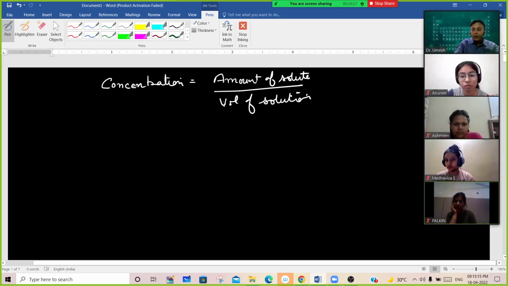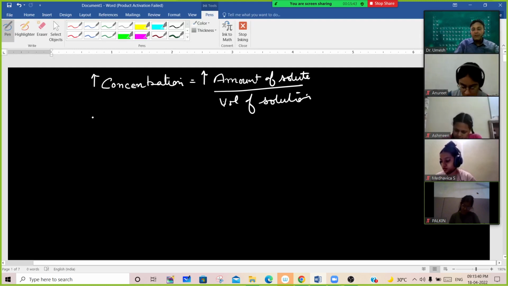In a particular volume, how much amount of solute has been dissolved? That is called concentration. So the more amount of solute we add to a particular volume of solution, the more is the concentration.